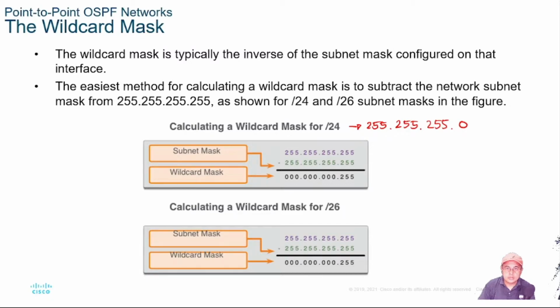/24 is just counting the number of ones in a subnet mask to represent it as a CIDR notation.